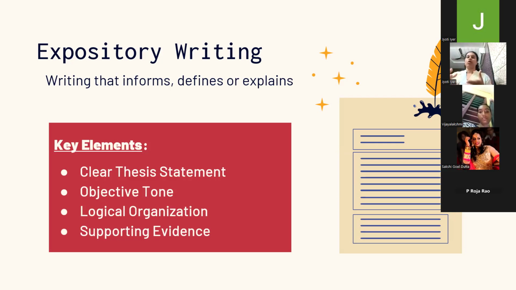So if there is a topic which has contentious sides to it, you try and make it as logical as possible. Now logic not only forms in the context or the content, which is the objective tone, but also logic in the organization. You cannot talk about the most important point at the end. You have to go in a logical format.